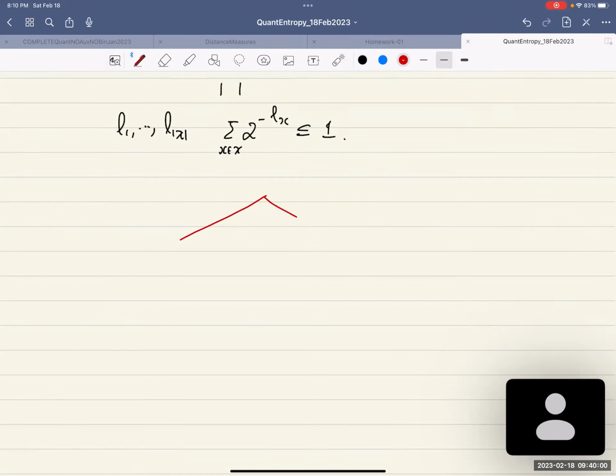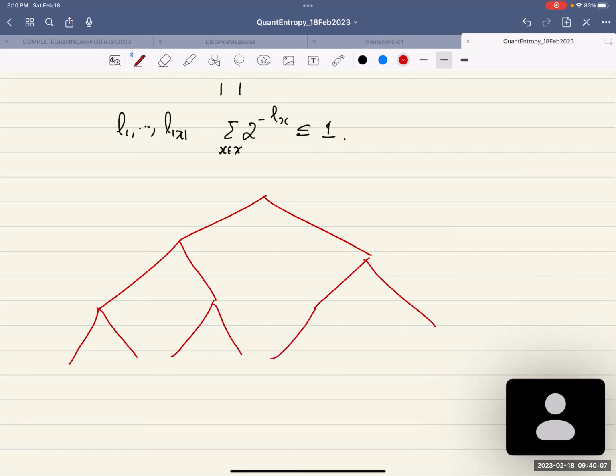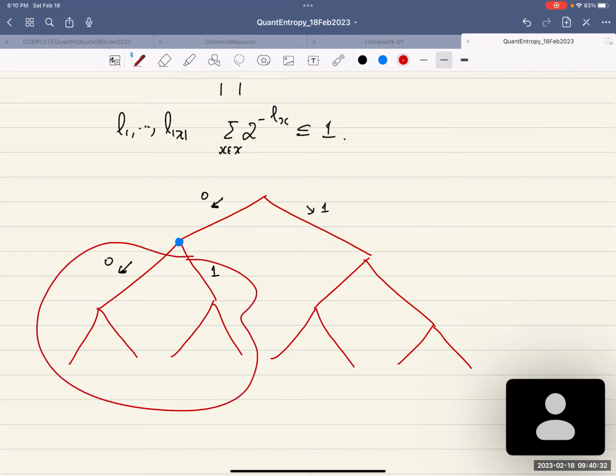The idea is this. Take a binary tree. You guys are all very comfortable with trees, right? Prefix free code means if this is a code word, so let's say this is 0, this is 1, this is 0, this is 1, if this is a code word, you should completely throw all of this out.